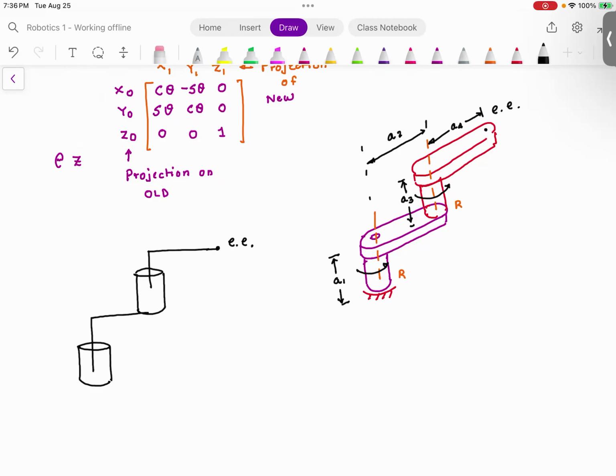So you have the first revolute joint, the second revolute joint, and the end effector. Now please note that the first revolute joint is fixed to the ground. This link distance is A1.